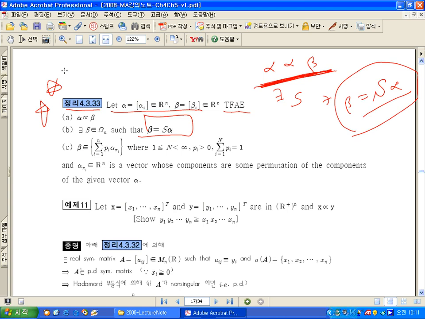Alpha and beta are n-dimensional real vectors. Then the following are equivalent.